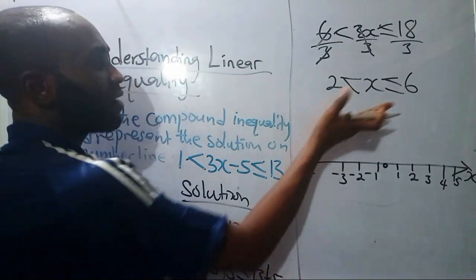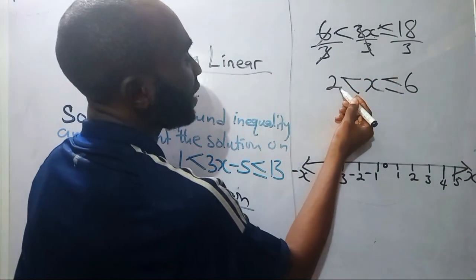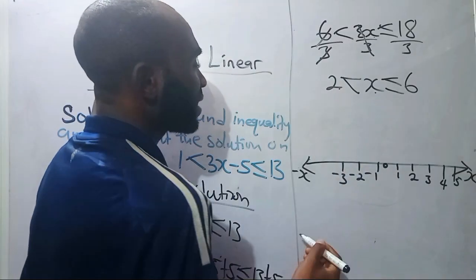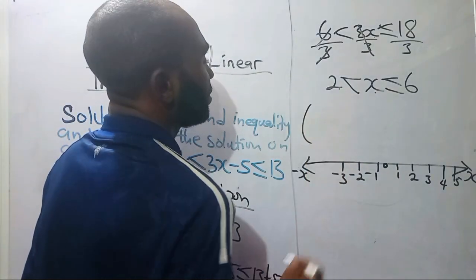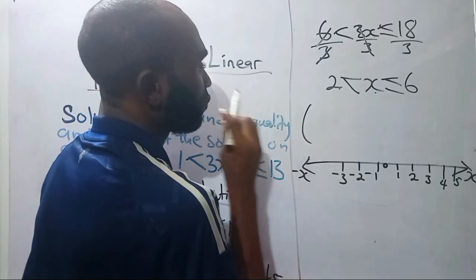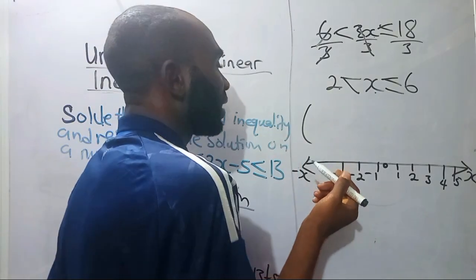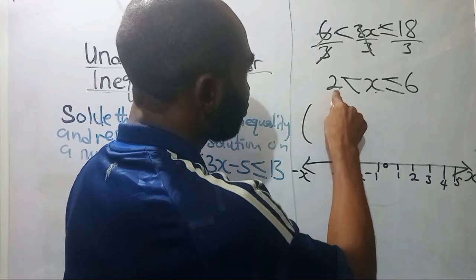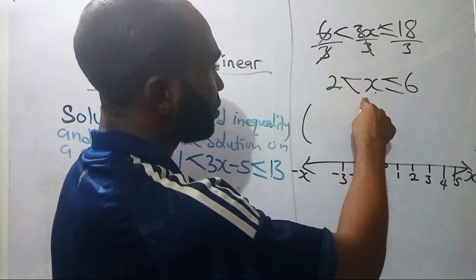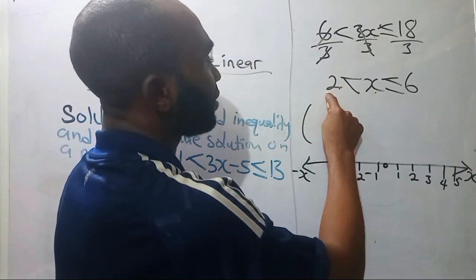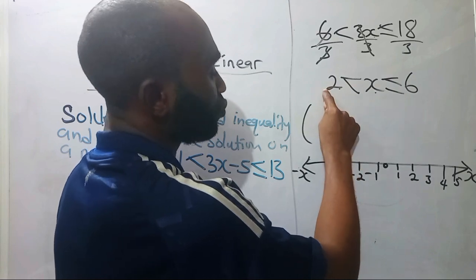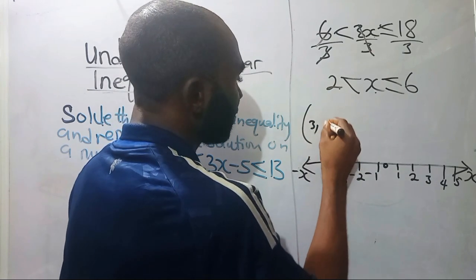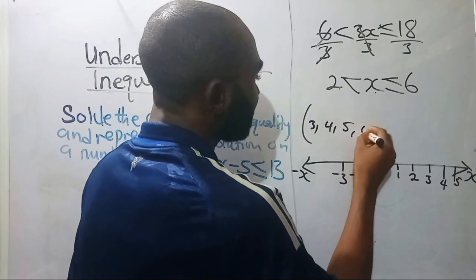But what we have from here is that 2 is less than x. Let's define the values of x that satisfy this. If 2 is less than x, which means x is greater than 2, the values of x could be either 3, 4, 5, 6.